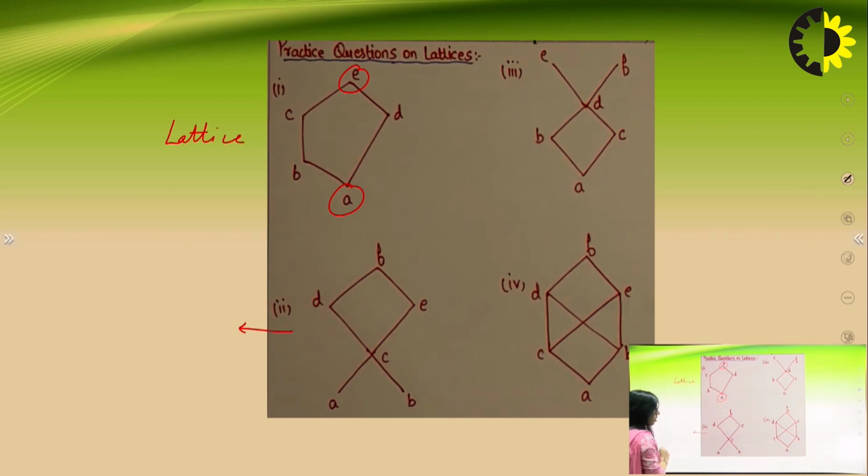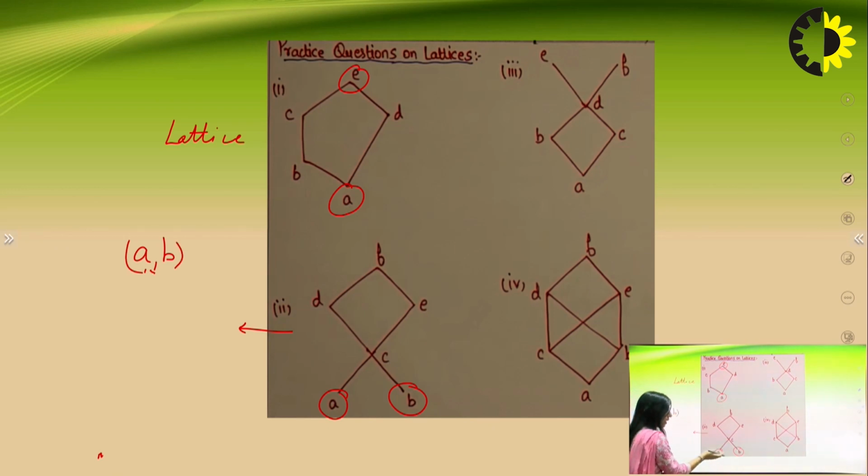For this particular structure, we have two bottoms. So of course this is not a lattice, because these two elements, A and B, do not have a greatest lower bound.